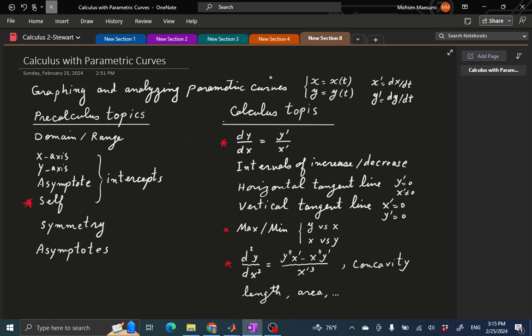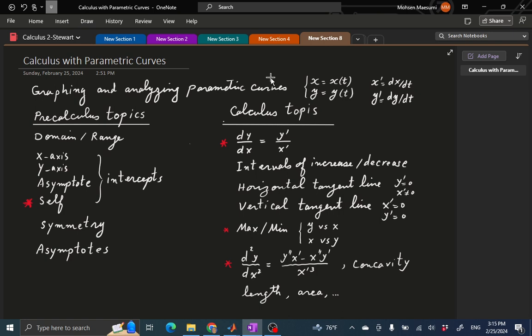Among calculus topics, of course, the primary thing is what's the derivative of y with respect to x. Even though in most circumstances y is not a function of x, but locally it is, and we can think about these derivatives in the same sense that we had in calculus 1.